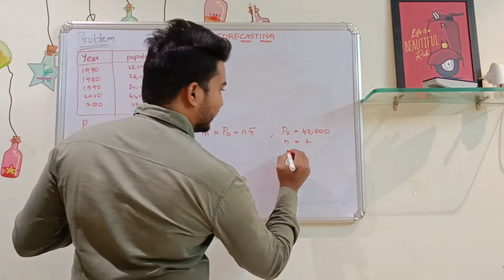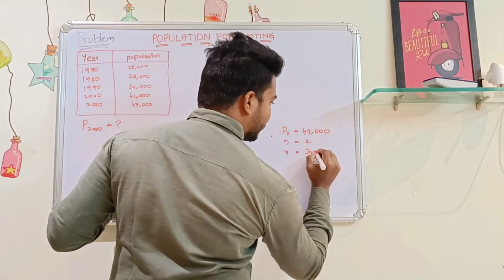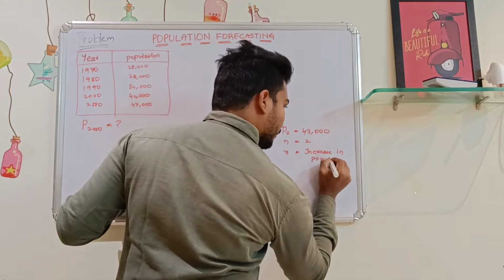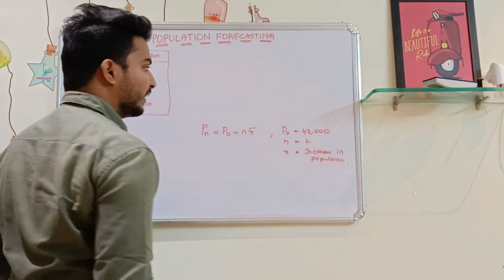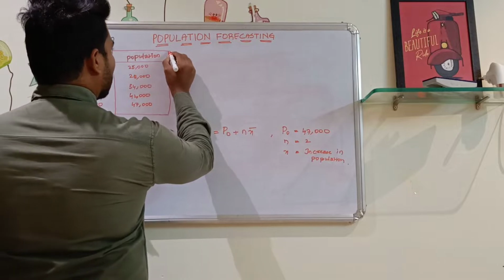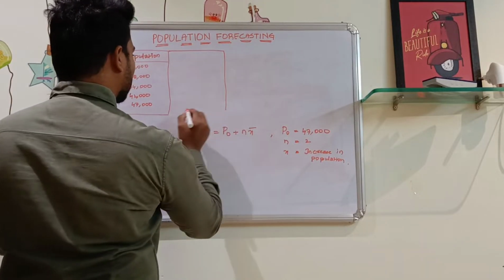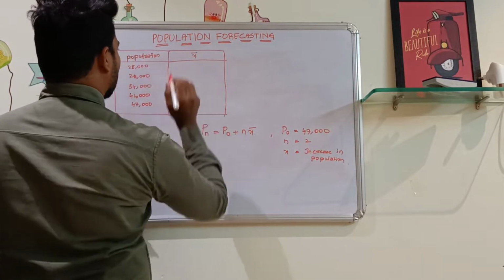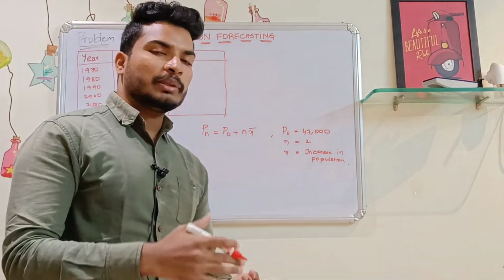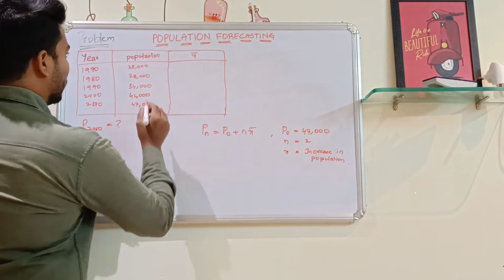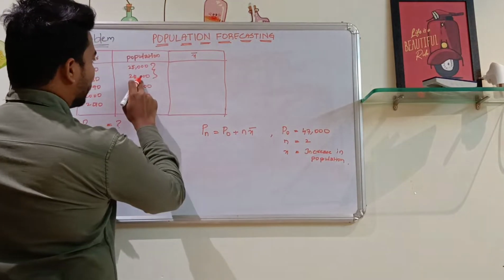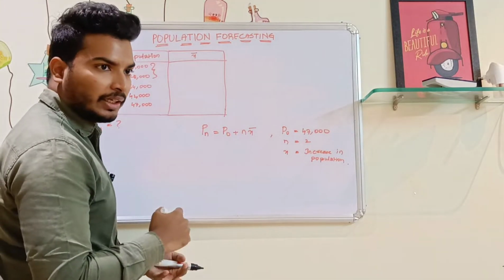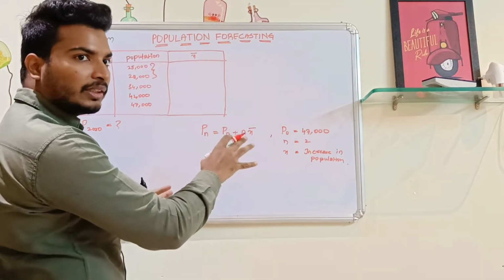And X bar is the increase in population. How do we calculate the increase in population? We'll draw another column where we calculate X bar. X bar is the population increase, P2 minus P1, the population in the next decade minus the population in the present decade, which gives the difference, the increase in the population.